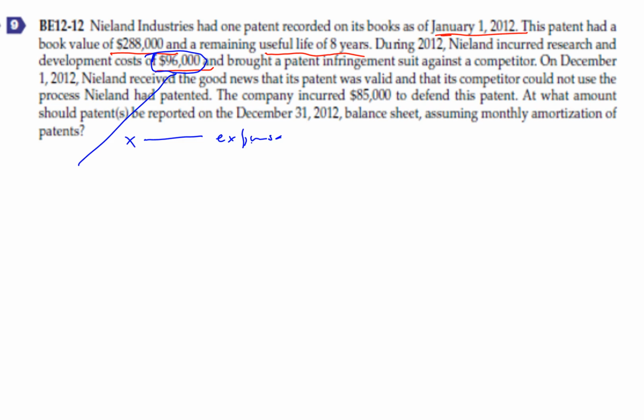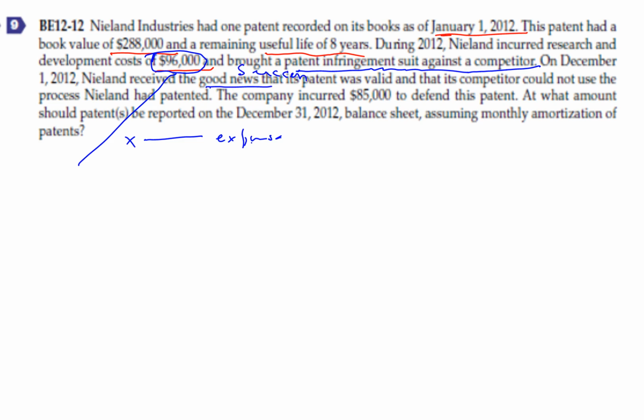And it brought a patent infringement suit against a competitor. Now there is something that should invite our attention. On December 1, 2012, Nyland received the good news that its patent was valid and that its competitor should not use the process Nyland has patented. So they are now telling us that it's a success.